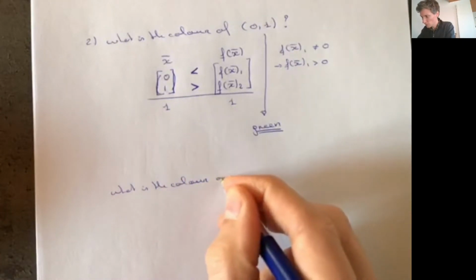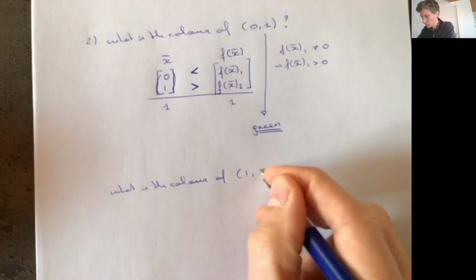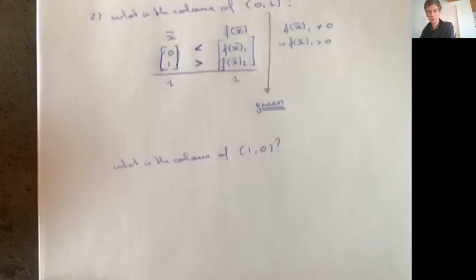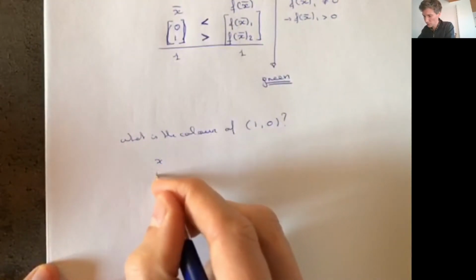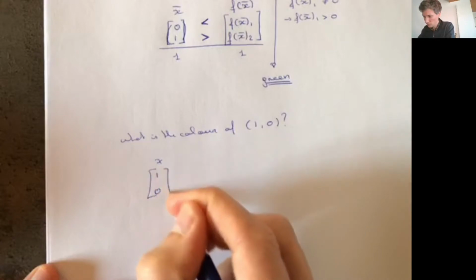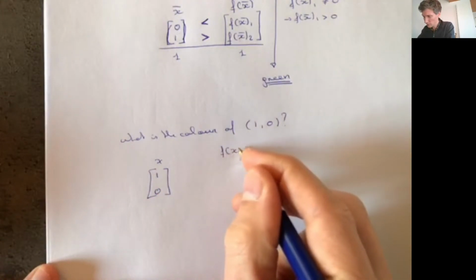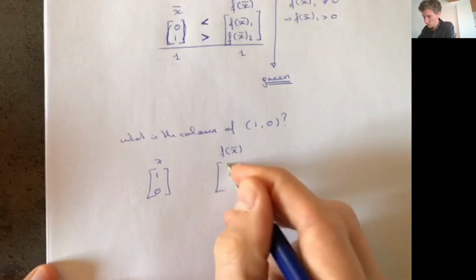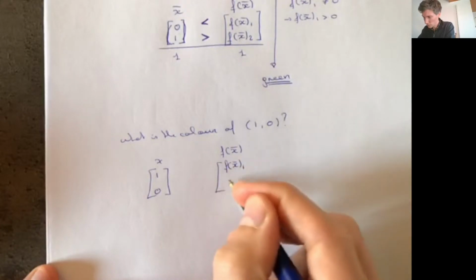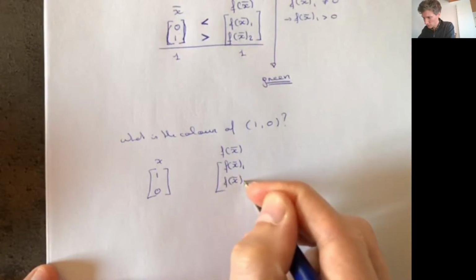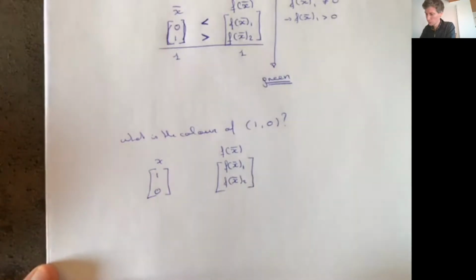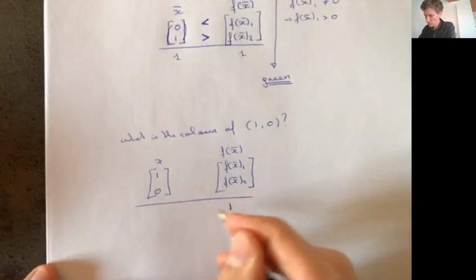And then what's the color of (1, 0)? Well, we can use a similar argument, right? So let's take (1, 0), and then f of x, which is f(x1) and f(x2). Of course, these have to add up to 1.